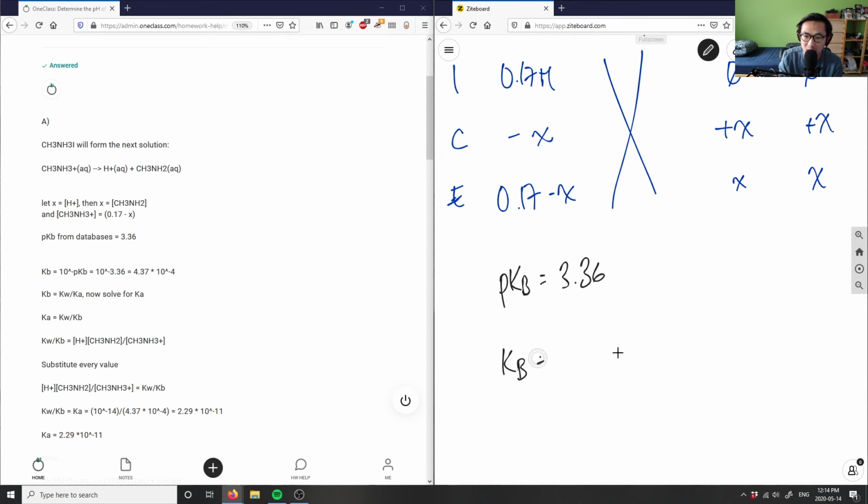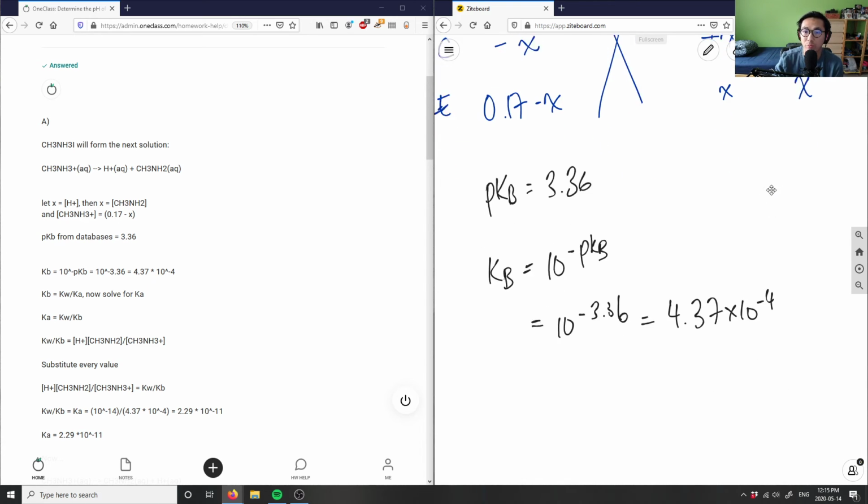Then my KB is simply 10 to the power of negative pKB, which is 10 to the negative 3.36. Let me take out my calculator here, which will give me 4.37 times 10 to the negative 4. As stated here, which is great, 4.37 times 10 to the negative 4. This is our KB here.